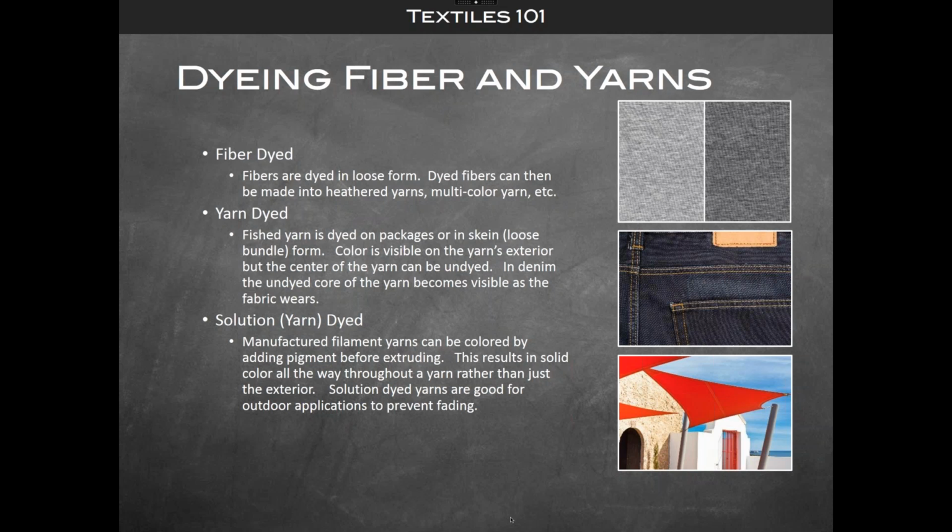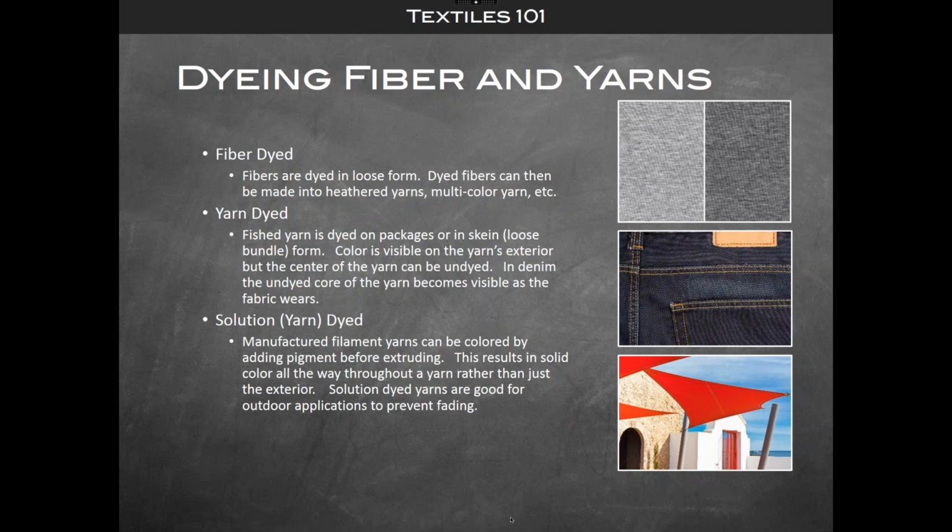And the last example is solution dyed. So solution dyed is manufacturing for typically filament yarns or staple yarns, but this is always man-made yarns where the color, or pigment, is added before extrusion.